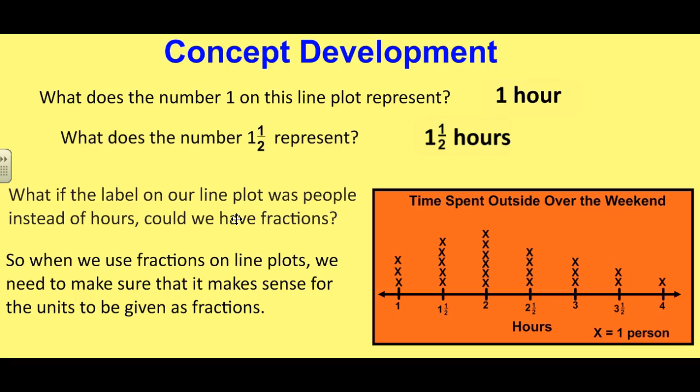There's no such thing as that, so that's why it's really important that you're labeling line plots correctly to where they make sense. So when we use fractions on the line plot, we need to make sure that it makes sense for the units to be given as fractions. So it makes sense to use fractions whenever you're working with hours, because we know that there can be half an hour whenever we're working with time.